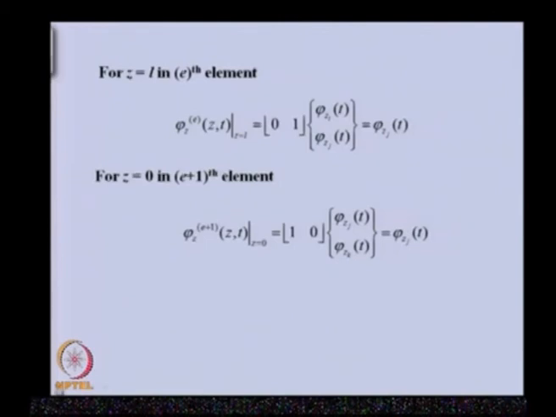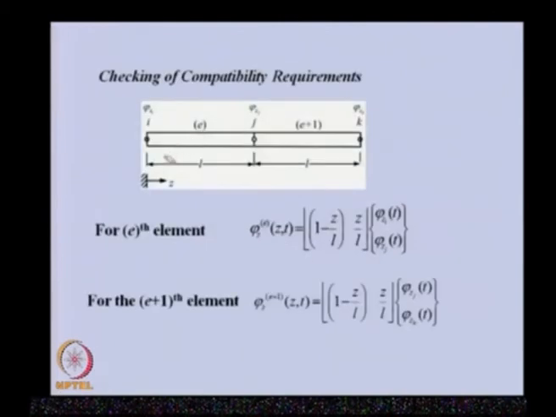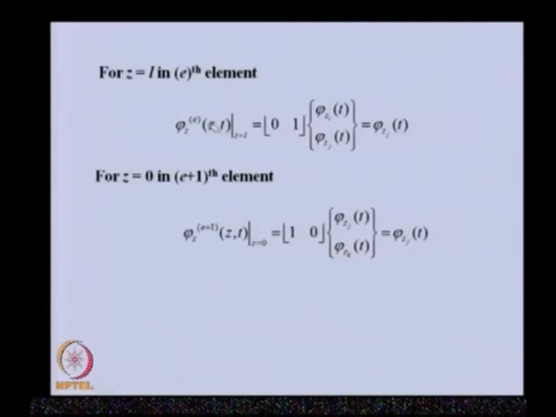If you look back at this element, for Z is equal to L, this is the node, and this is the local coordinate system. So, if we put Z is equal to L, N1 will be 0, and N2 will be 1, and if we multiply this, we get the field variable at the jth node.